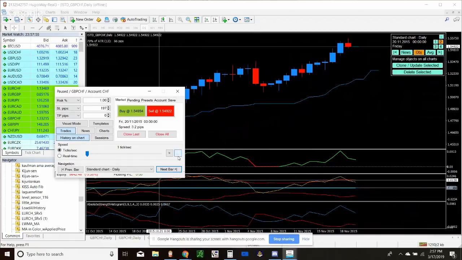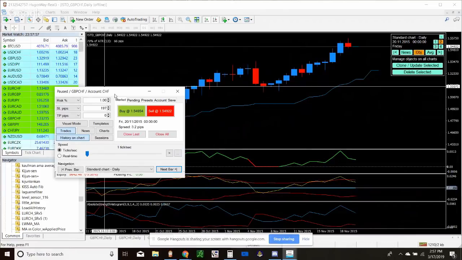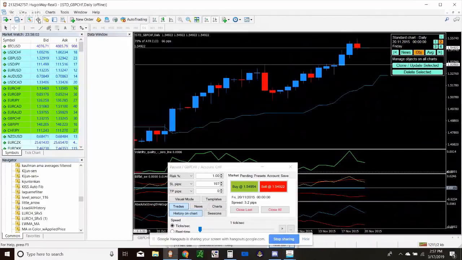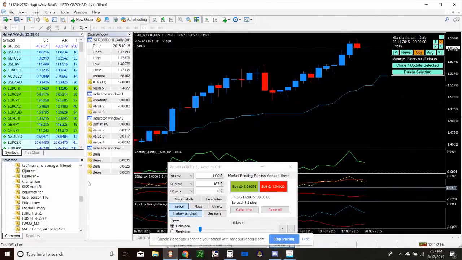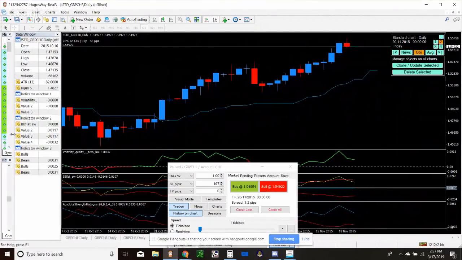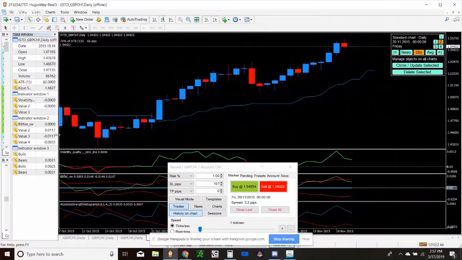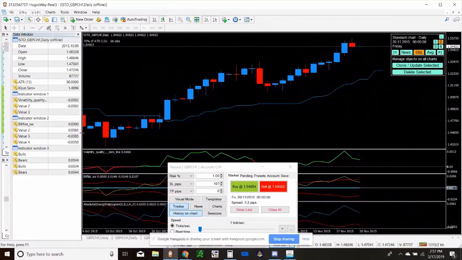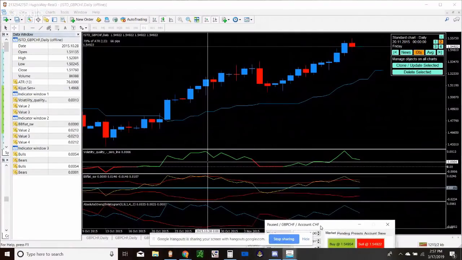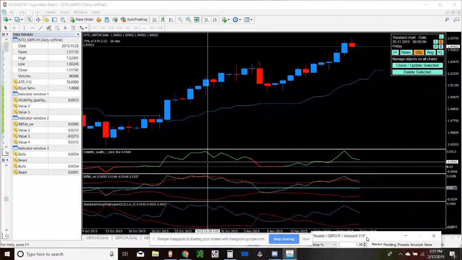Open data window so we can see the indicator values. I don't know if that's going to make too many windows here. I guess I can make these smaller because we really don't need them. Is that better? I don't know if that gives us too many windows there. Maybe we're okay.